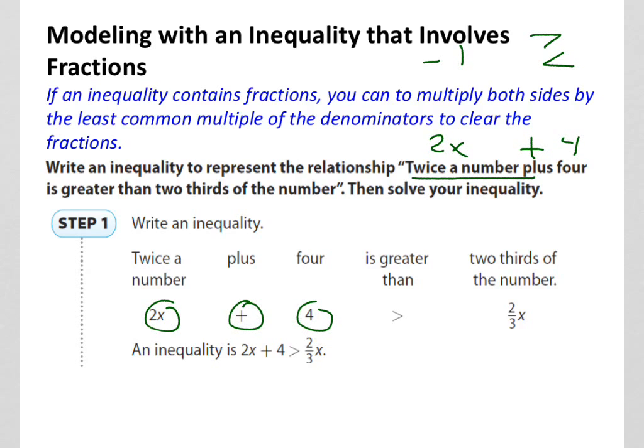And he goes on to say is greater than. So that means the greater than symbol, which we see here, and 2/3 of a number. So that would be simply 2/3 times x, 2 divided by 3 times x, which is what they give us here. So our inequality says 2x plus 4 is greater than 2/3 x.